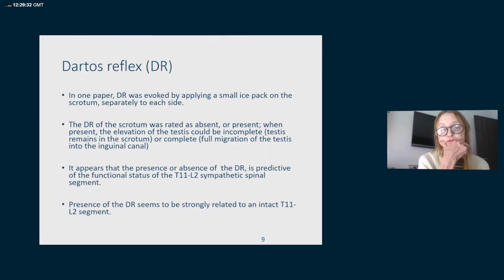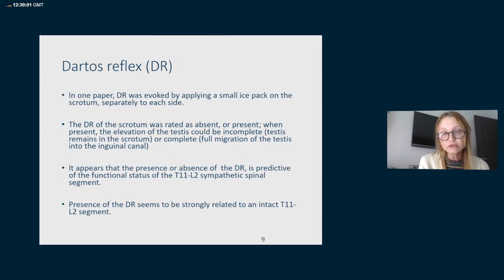In one paper from the Amarenko group, the dartos reflex was evoked by applying a small ice pack on the scrotum separately to each side. And the dartos reflex of the scrotum was rated as absent or present. When present, the elevation of the testis could be incomplete or complete, which means full migration of the testis into the inguinal canal.